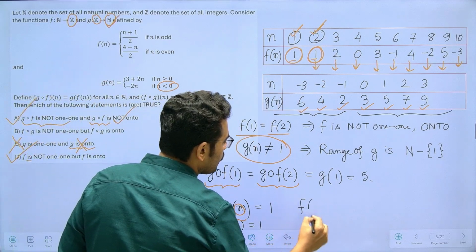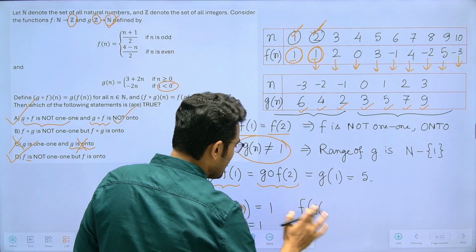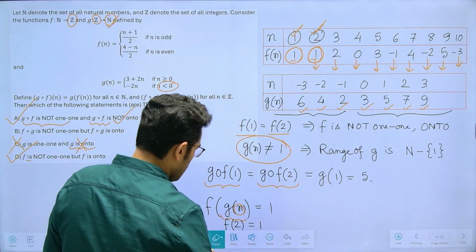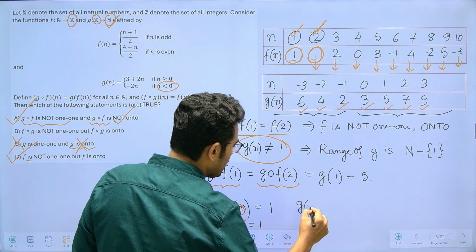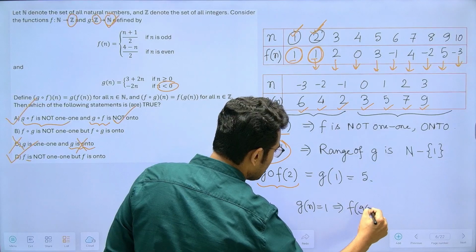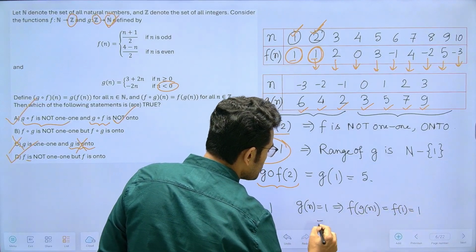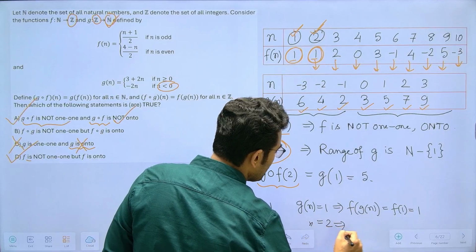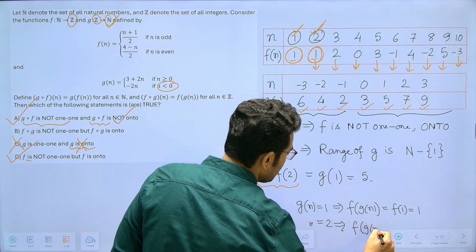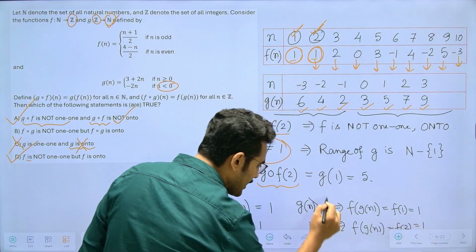If Gn equal to 1, then F of Gn, that is F of 1, will be 1, and when Gn is 2, F of Gn, that is F of 2, will also be 1. But Gn cannot be 1.